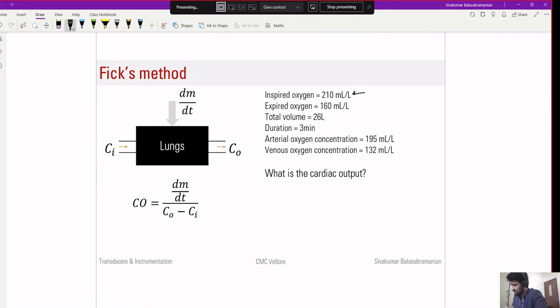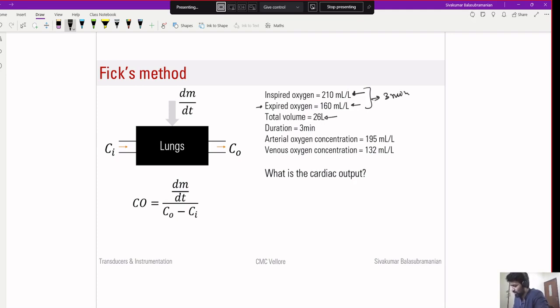This is the rate at which, this is the concentration of oxygen in the inspired gas. This is the concentration of oxygen in the expired gas. This is the average concentration measured over 3 minutes.